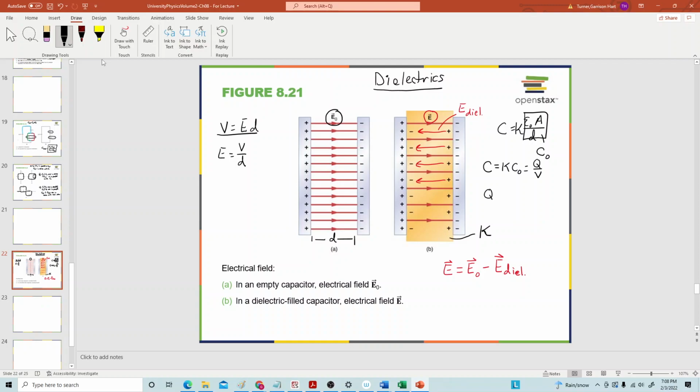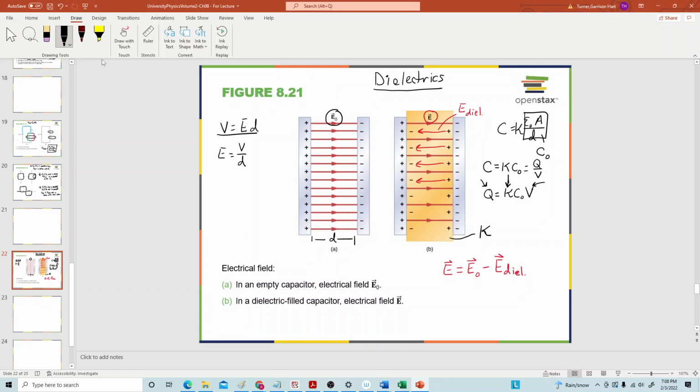So Q, when a dielectric is present, is going to be equal to kappa times C naught times V. So for a given voltage, I can dump more charge onto the plates by a multiplicative factor of kappa.